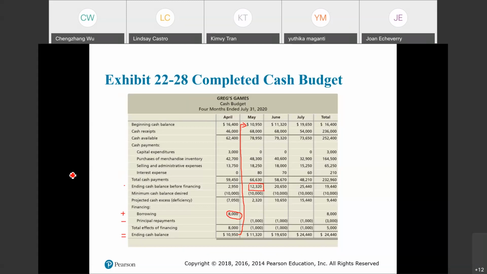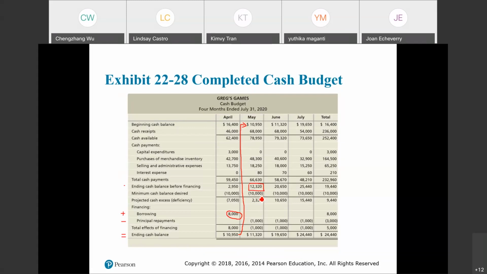That means we do not have to borrow extra money from the bank in May. But we borrowed some money in the previous month. So starting from May, we have to pay back the principal. As I said, this installment is paid each month for $1,000 plus the interest.